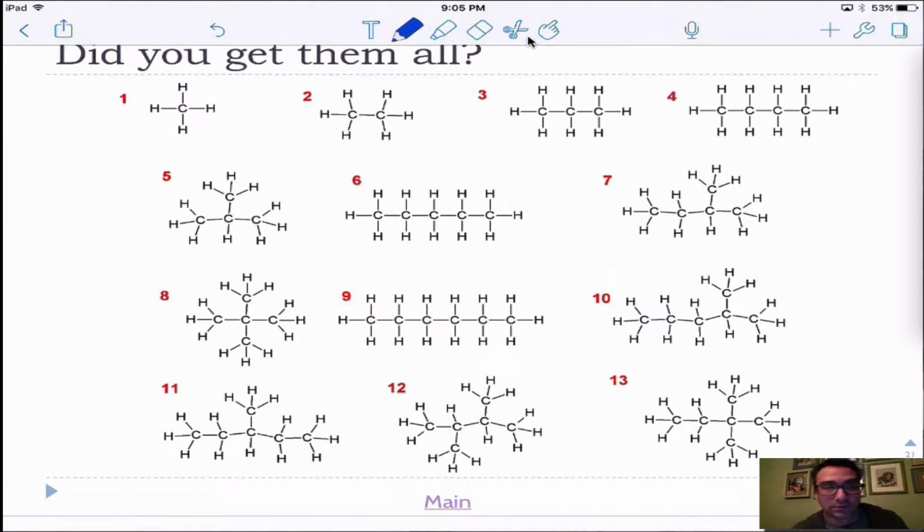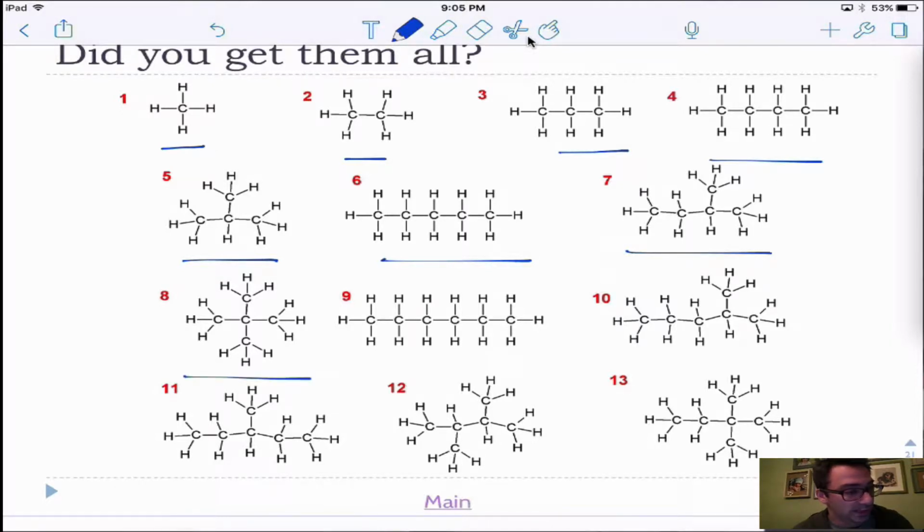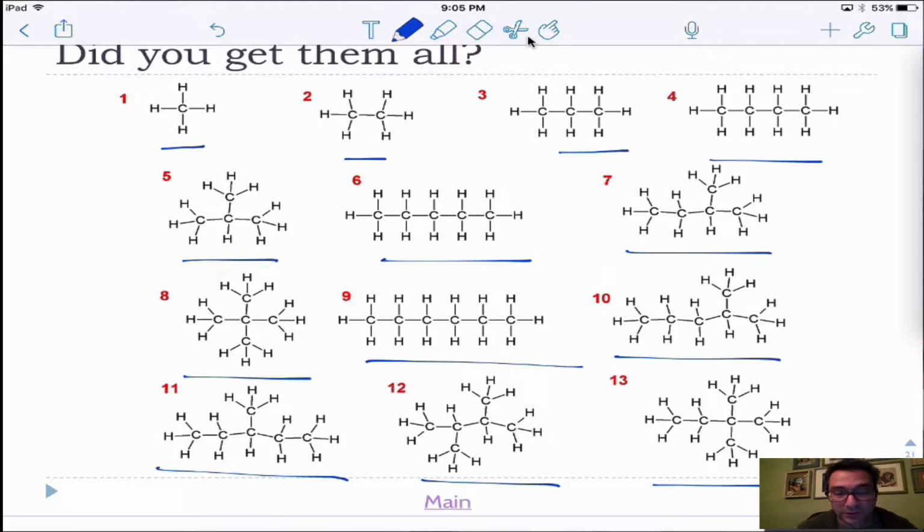So here's showing you methane, ethane, propane, butane, methylpropane, and then we have pentane, and then we have methylbutane, then we have dimethylpropane, hexane, we have 2-methylpentane, 3-methylpentane, 2,3-dimethylbutane, and then 2,2-dimethylbutane as well. So here are 13 of them.